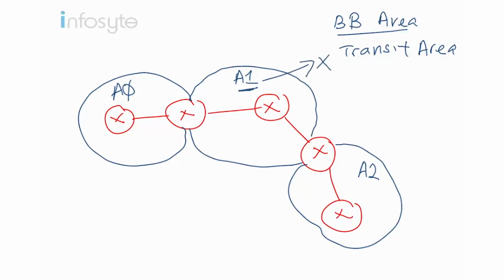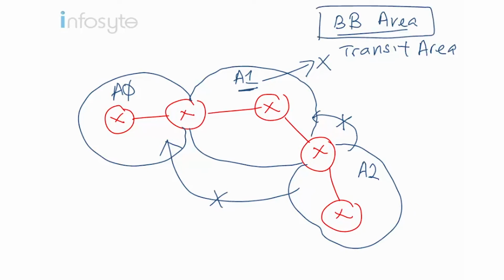So for area 2, the router in area 2 will not be able to go to area 1, and also is not able to go to area 0, because in the middle we must make it a backbone area. We need to define the backbone area in the middle to perform as the transit area.